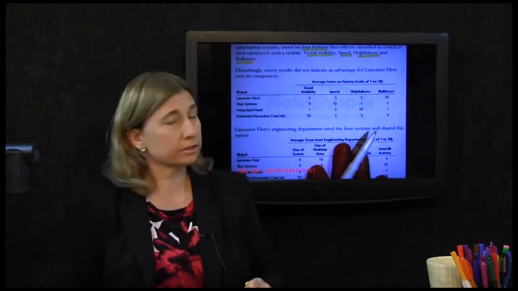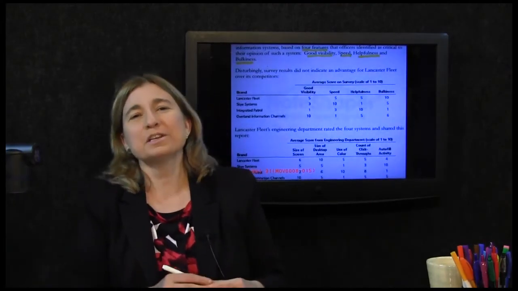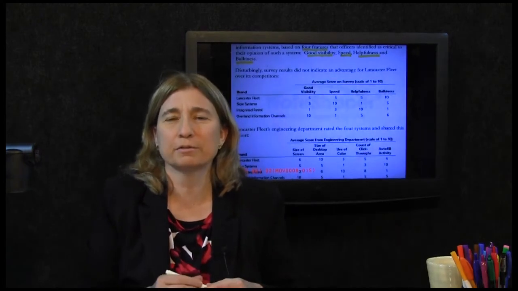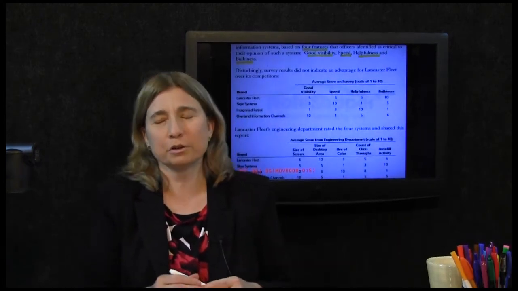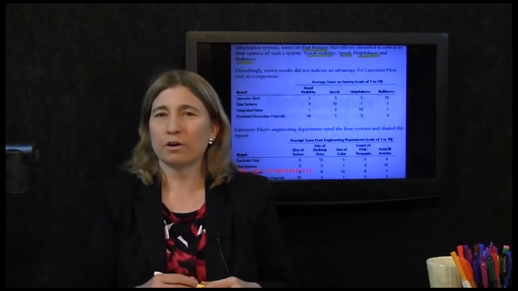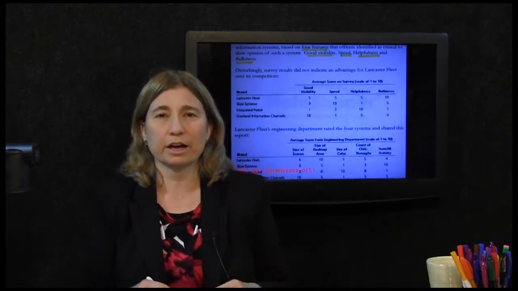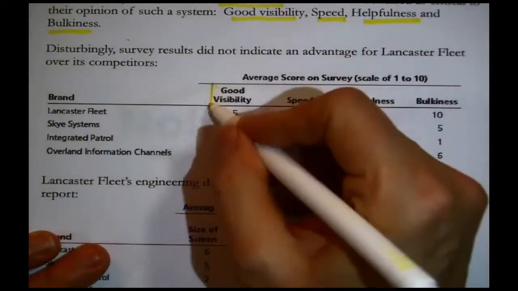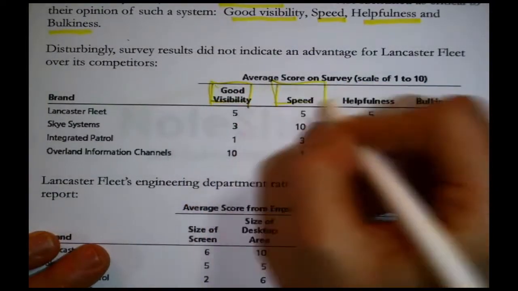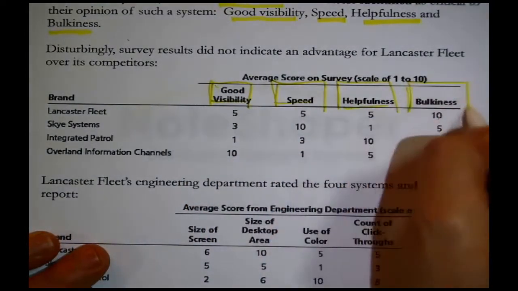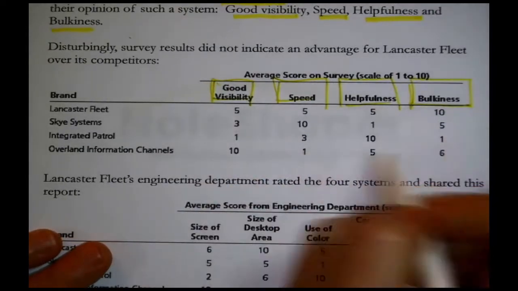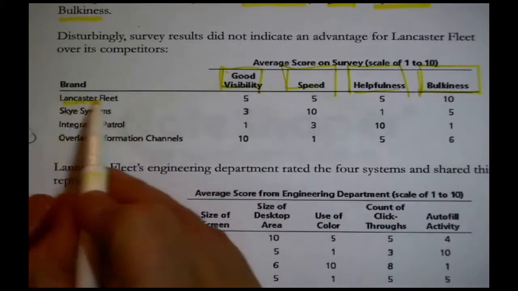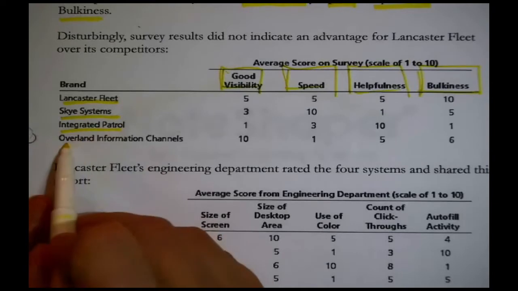Let's take a look at this. Oh, this is our first set of data. A correlation coefficient study always involves marshaling or handling a lot of data. This is our first table. It is for each one of those features that was just mentioned, giving us a score for 4 different brands, including Lancaster Fleet.